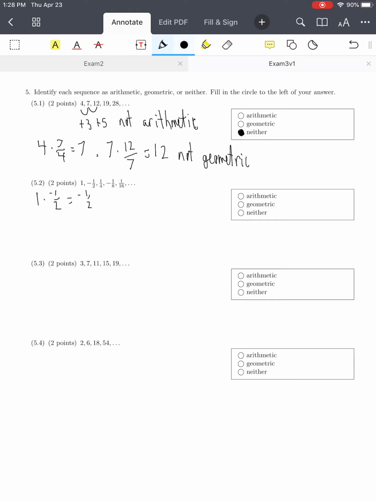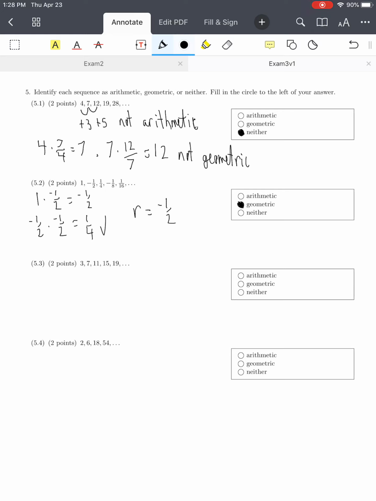And let's see if that works for the next step: -1/2 times -1/2. The negatives cancel, leaving us with 1/4. So it checks out. It's geometric with the common ratio of -1/2.